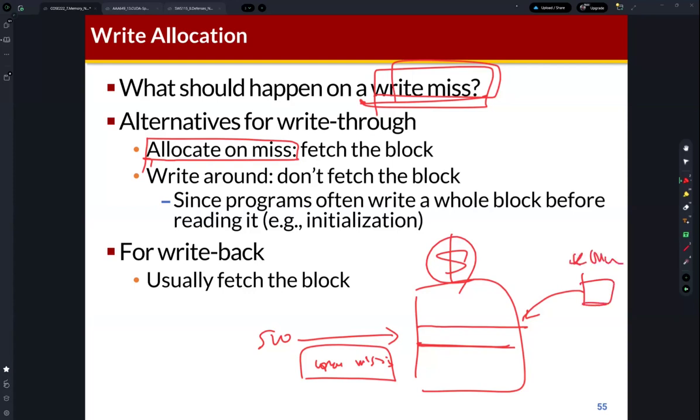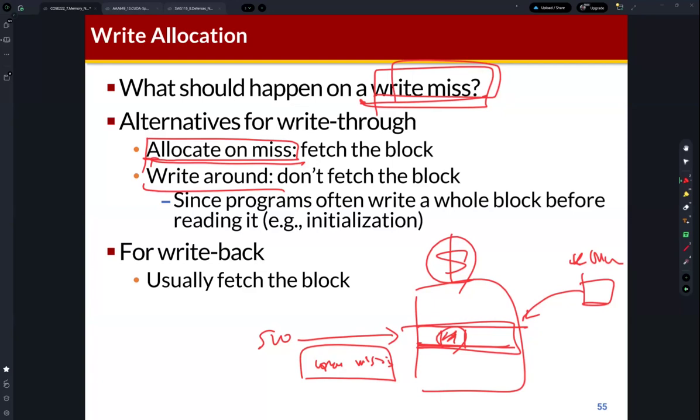Then it's allocated first, and then this cache block is updated. This is the allocate on miss policy. So for the write miss, firstly we fetch the cache block, and then the cache block is updated.